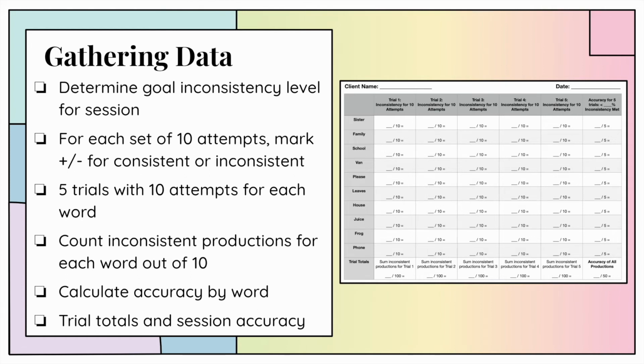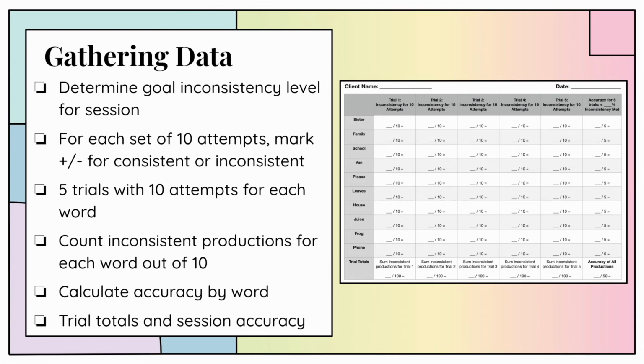After you've done that, you will look across trials 1 through 5 and count how many times the client successfully produced their target words with an inconsistency score at 40% or below, because remember that 40% was our goal for this session specifically. You'll write down the total number of trials where this was achieved out of 5 in the far right column, and that is the client's percent accuracy for that specific word, given the 40% inconsistency or less goal for today.